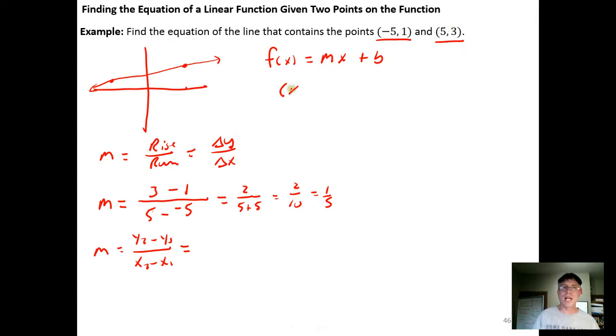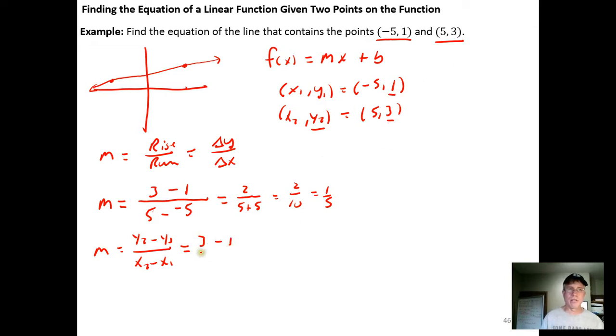So for example, you could say x1, y1 equals (-5, 1), and x2, y2 equals (5, 3), and then plug things into the formula. y2 is 3 minus y1 is 1 over x2 is 5 minus x1 is -5. You can see that doing it this way, you have the same thing that I had right here, just by reasoning through what rise over run, or change in y divided by change in x, means. So we get a slope of 1/5.